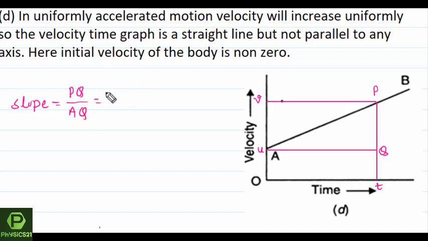Now PQ is V minus U divided by base, that is T. So this is the acceleration, because the slope of Vt graph represents acceleration. So this is the important result from this graph.